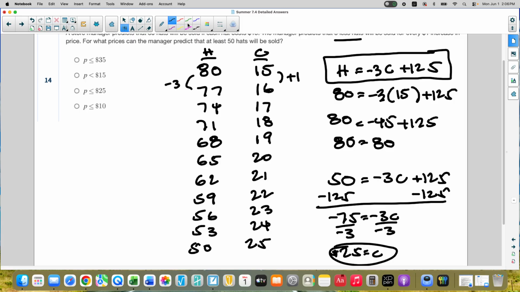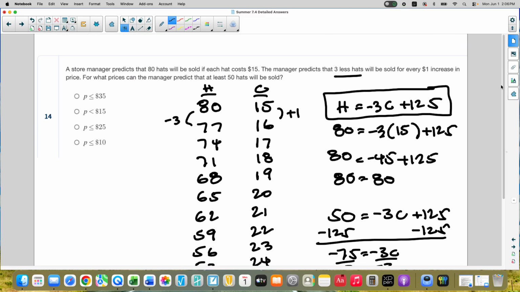So I see that this is going to be my answer, and then I also see how I could create an equation to help me with that same thing. A little bit longer, but we're in no rush. We're learning this summer. We're trying challenging things, and we're going to try fun stuff. So maybe if I flip these and move the cost over here and the hat here, it would have actually made a better equation.